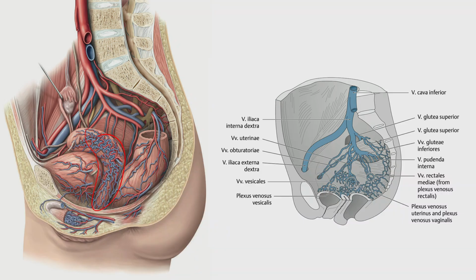For example, in a caesarean section, because those plexus could be very, very thick, dense. You can imagine that the uterus should be dissected during delivery of the fetus, so this transection of those vessels could sometimes be a source of important bleeding in the abdominal cavity.